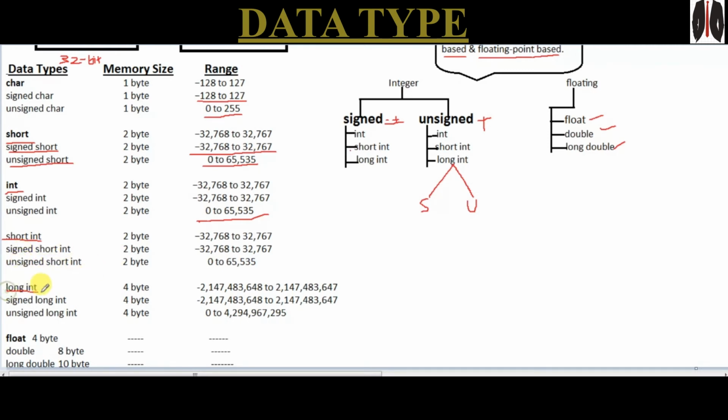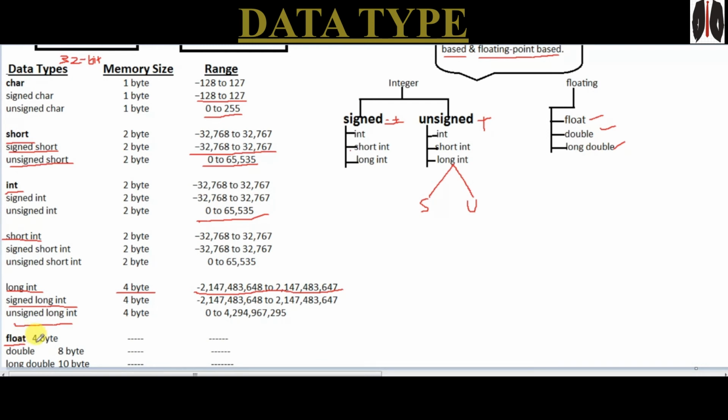In long int the memory size is 4 bytes and its value range is very high, so it is compatible if you are taking a long value. So signed long int and unsigned long int are 4 bytes.